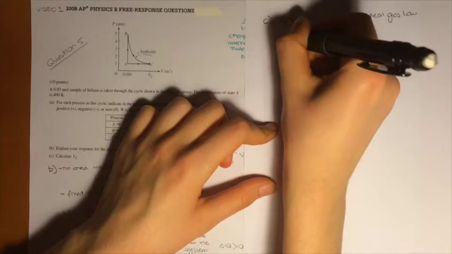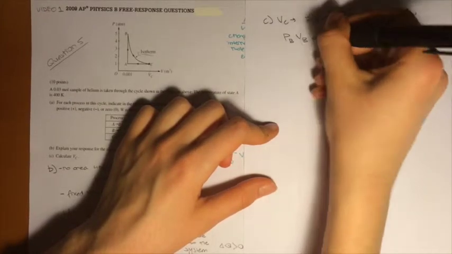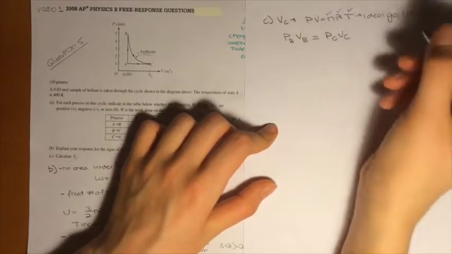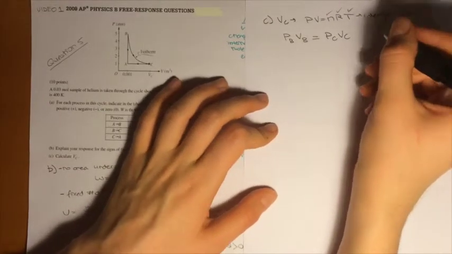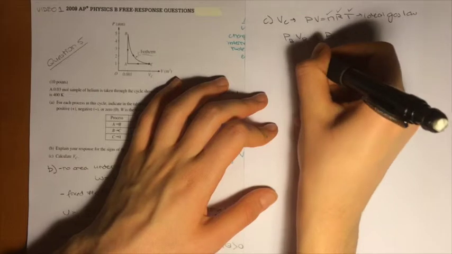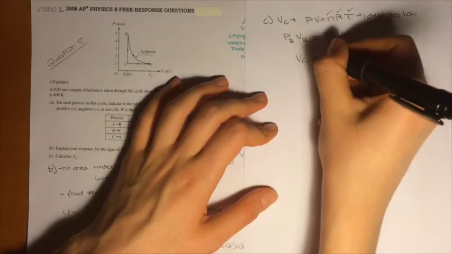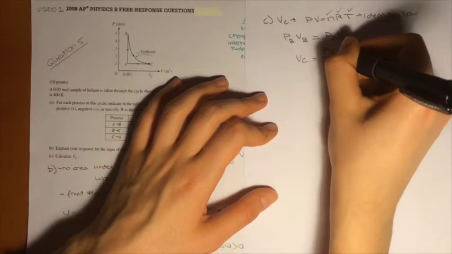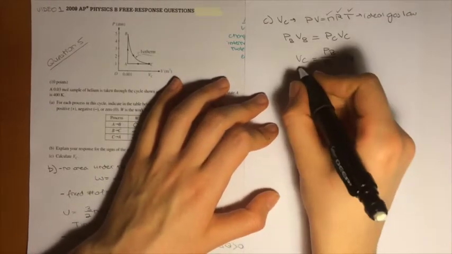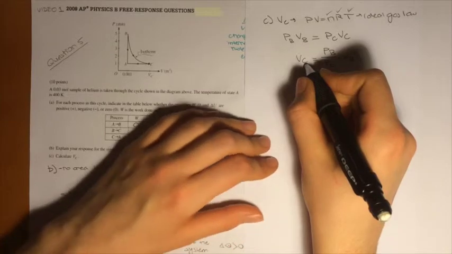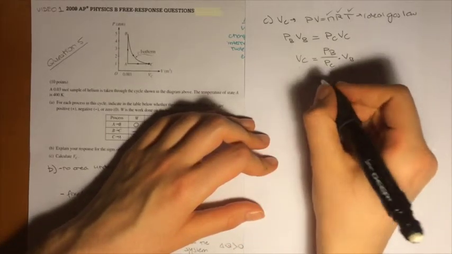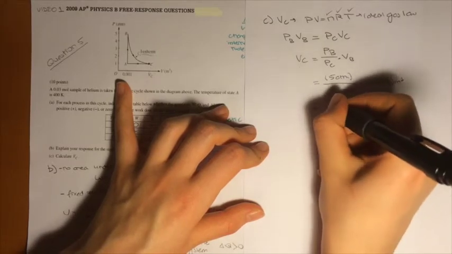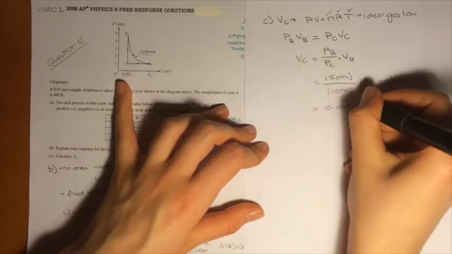I can just say PB VB is equal to PC VC. So working from here is much easier. And then I can leave VC alone by saying PB over PC times VB is equal to VC. And then I can just put in my variables. And my answer for VC is 0.005 meters cubed.